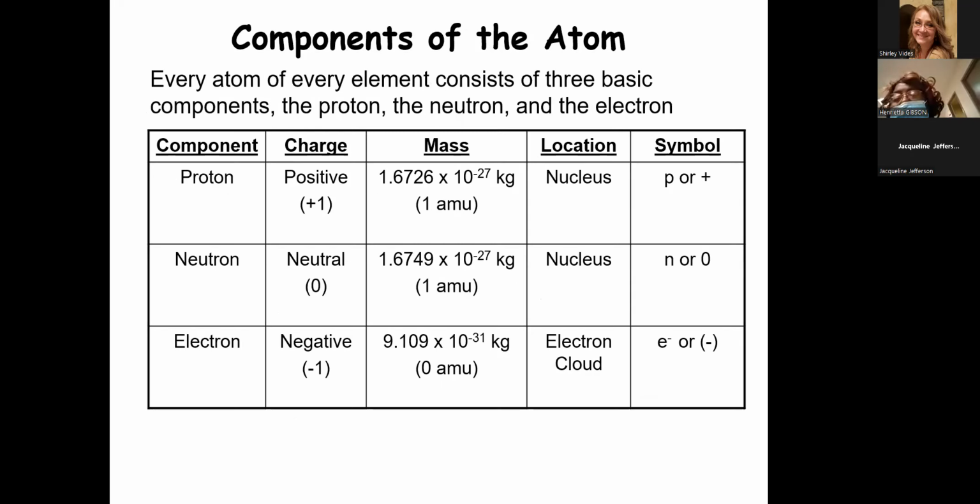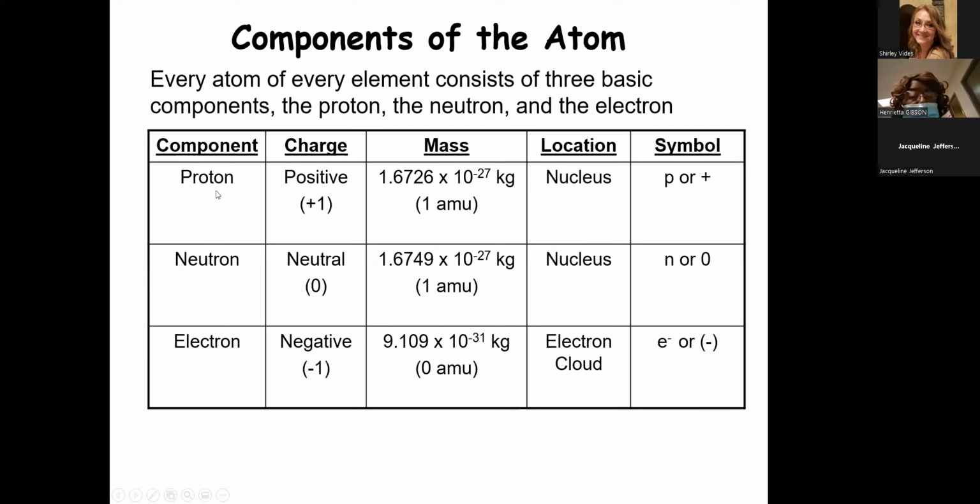Now, this is a good little chart to look at. You might want to write down what you have here. These are the parts of the atom, just like in the cell you have all those parts: the nucleus, the mitochondria, the reticulum and all that stuff. In this case, we're looking at proton, neutron, electron.